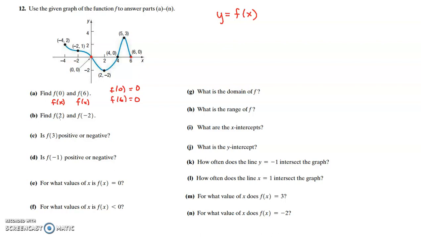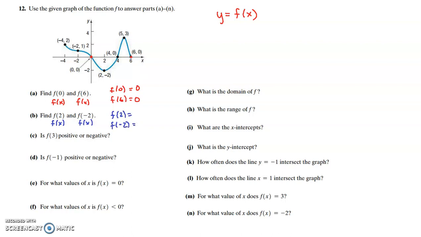Okay, part B is very similar. f of 2 and f of negative 2. Again, they're giving us f of x. They're saying when x is 2 and when x is negative 2. So we should be able to read this off the graph. Put them in the right order here.